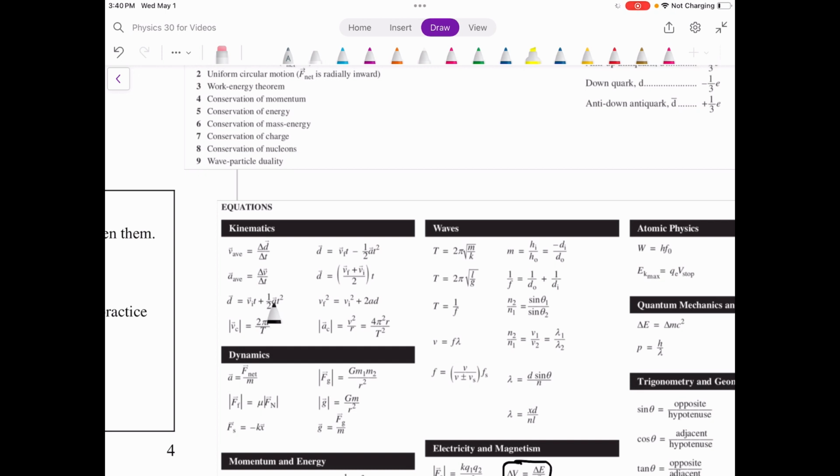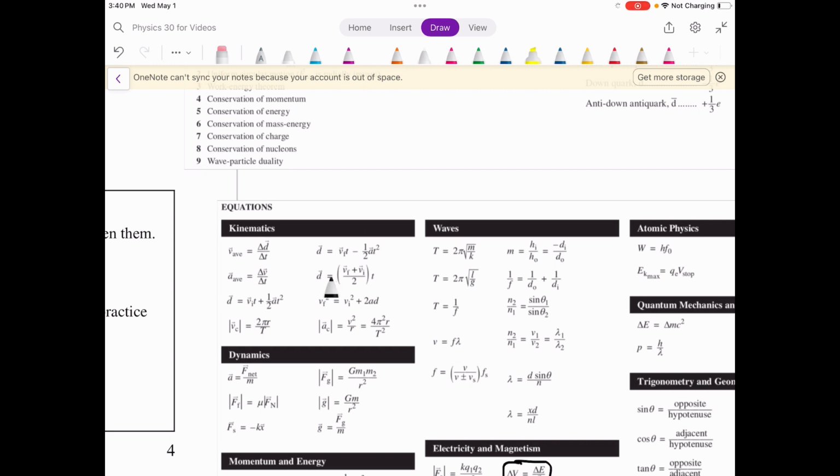Again, we don't know acceleration, so we probably won't use that one. This one, displacement, final velocity, acceleration, okay, so probably not this one. This one, displacement, we know that. We know the distance it has to move through, right? We know its final velocity. We know its initial velocity. And we want to know the time. So this is just actually a physics 20 question, right? We're back in physics 20.